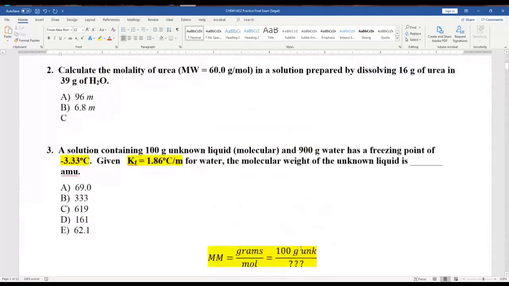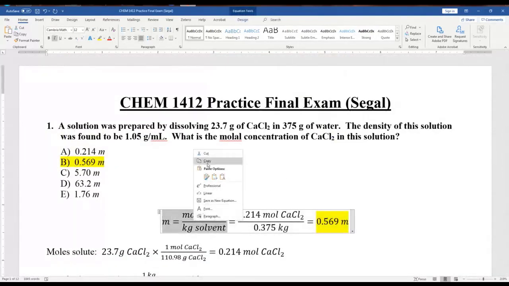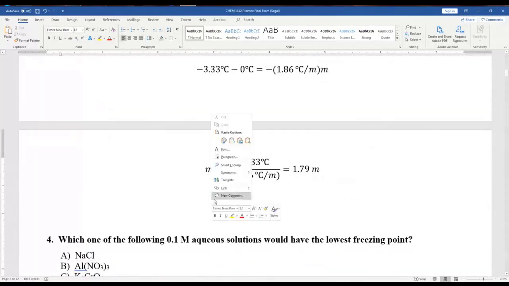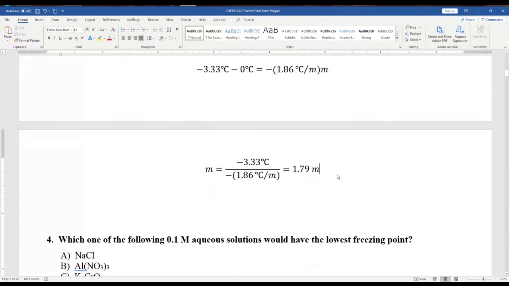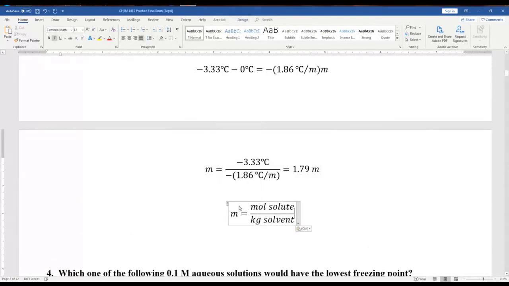However, if we go back up to our little formula up here, the molality is equal to the moles of solute over the kilograms of solvent. So I can actually solve for the moles of the unknown now because I have the molality and I have enough information to solve for the kilograms of solvent.